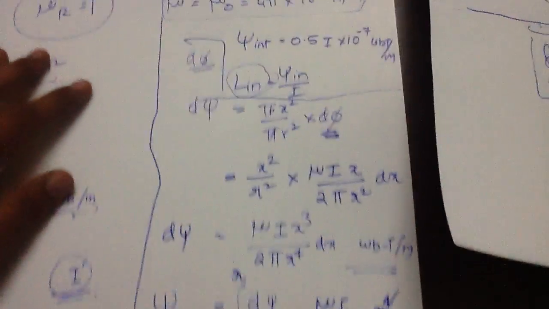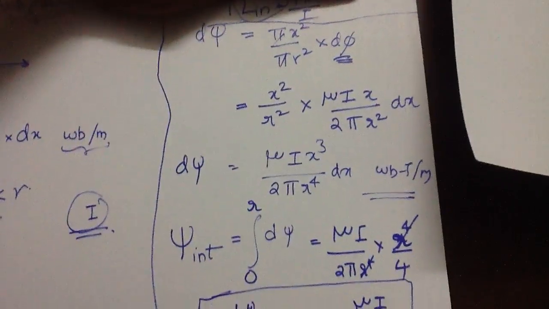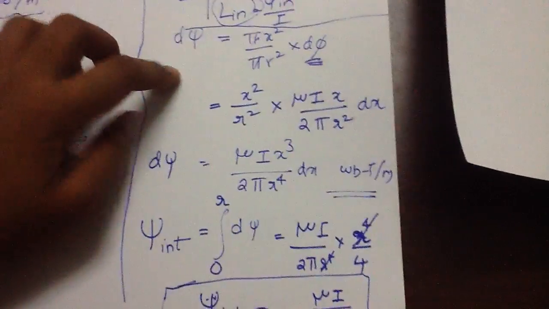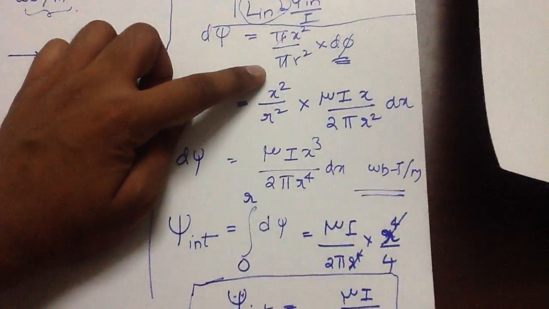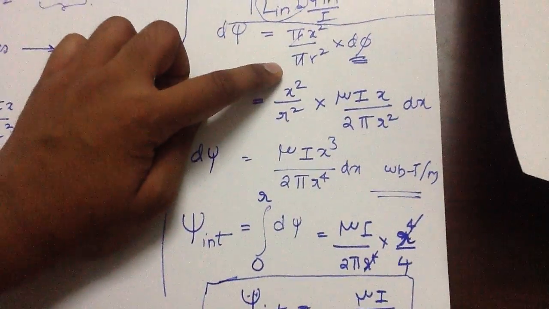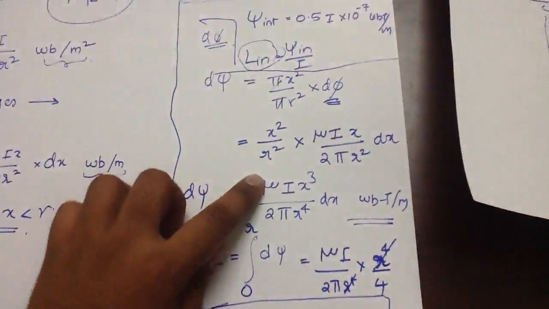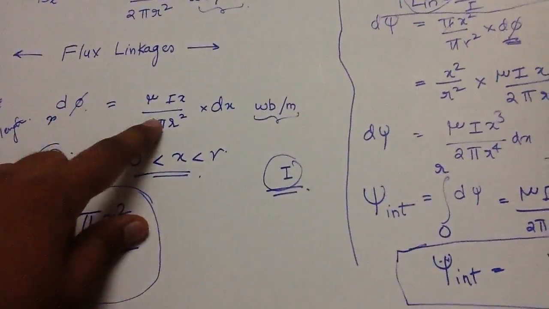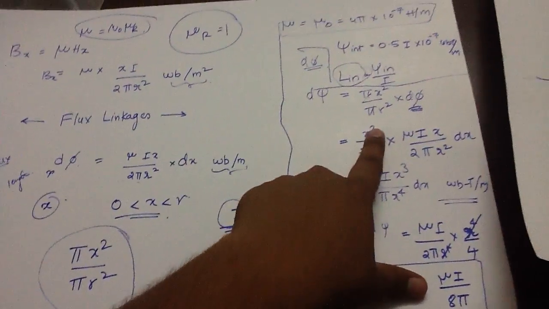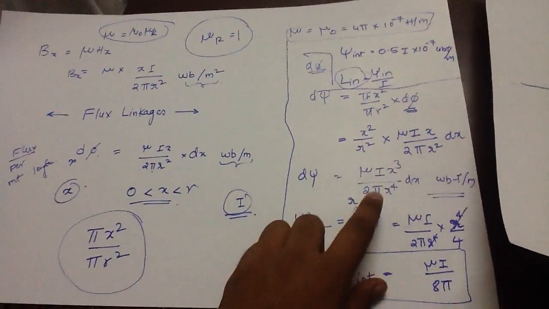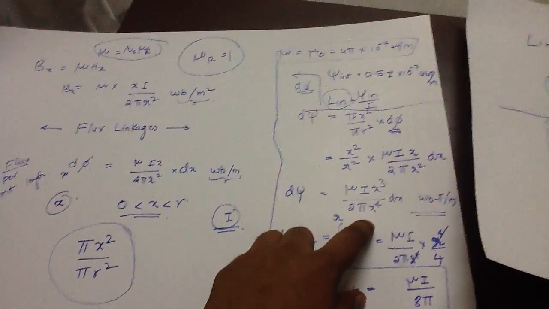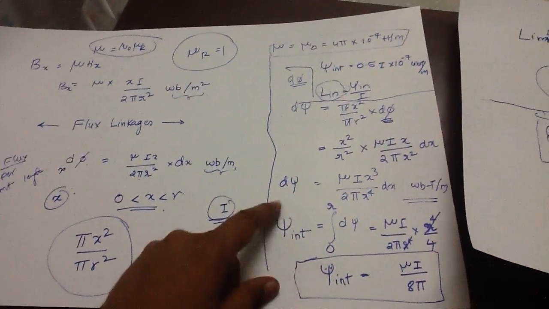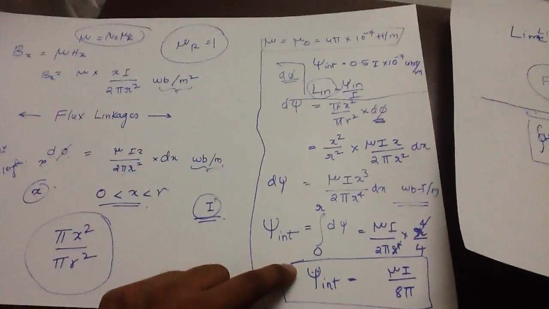So now, let's start looking from here. d psi is equal to pi x square by pi r square into d phi. Substitute the value of d phi in this equation, simplify it, and you get d psi. Now integrate d psi to get the total internal flux linkages in the conductor.